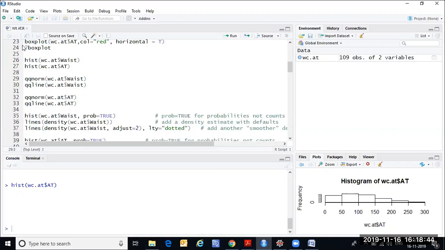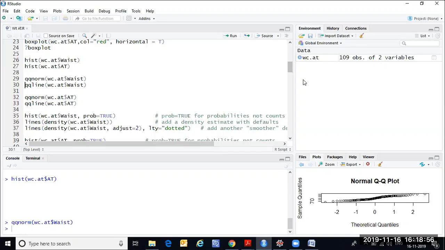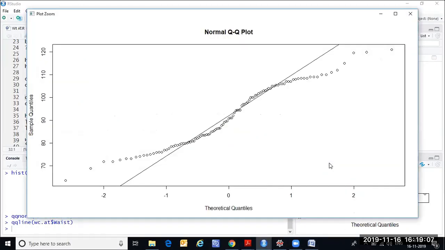We check the normality of the data, whether the data is following normality or not. QQ plot. Let's first check it for the input variable x with the reference line. Do you think the data is following normality?